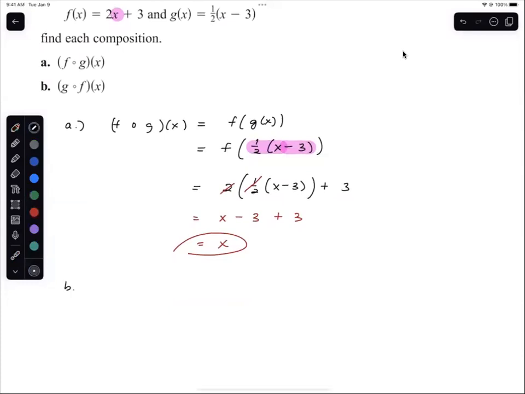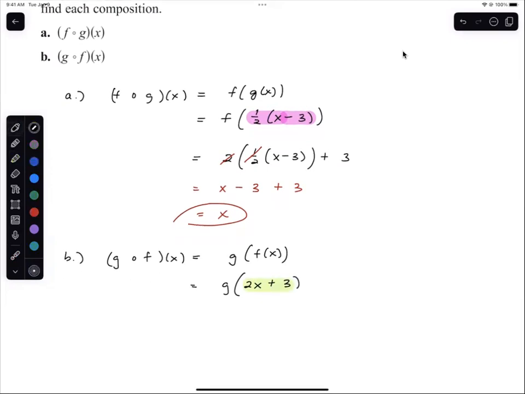For b, g composed of f of x is g of f of x, which is g of 2x plus 3. So in my g of x, I'm going to replace every x with the 2x plus 3.